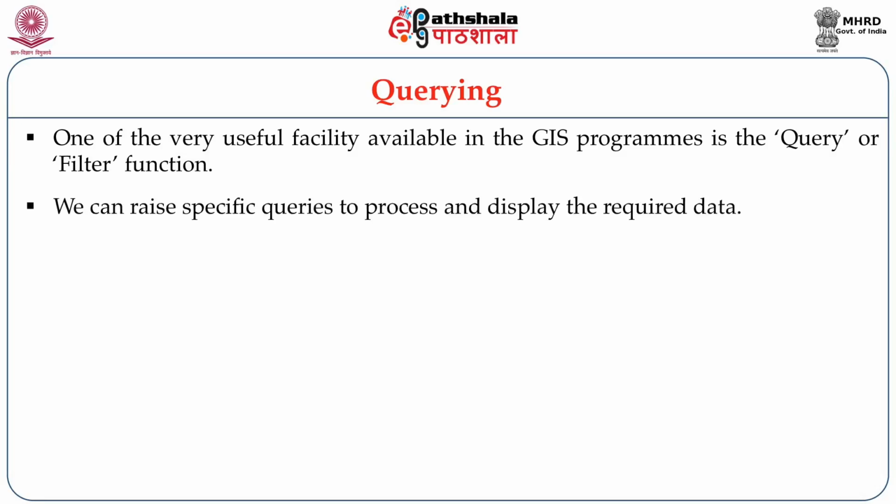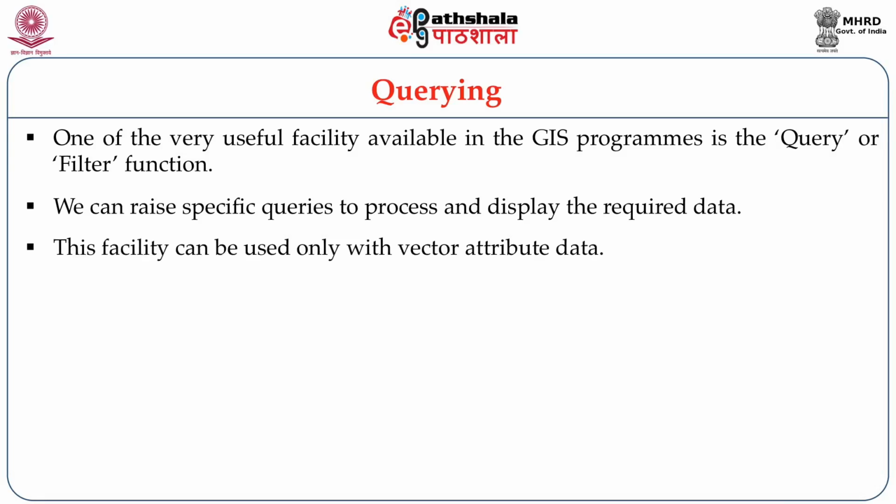We can raise specific queries to process and display the required data. So this facility can be used only with vector attribute data. So this querying facility is usually available with the vector attribute data.